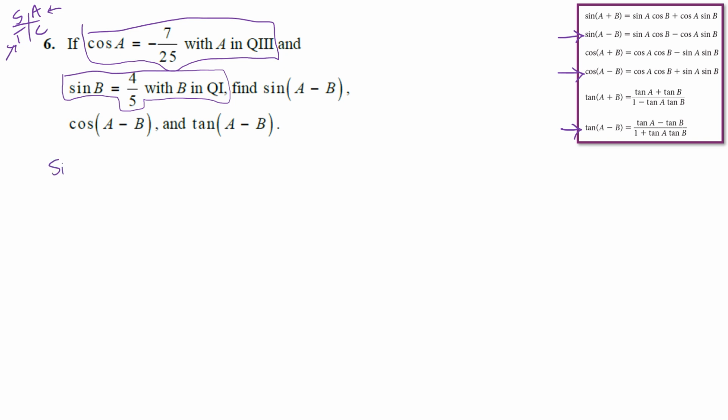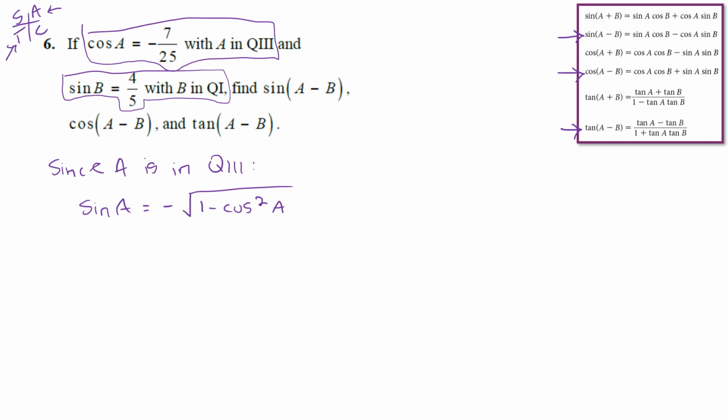All right, so first we'll find sine A. So since A is in quadrant 3, the sine A is going to be equal to negative square root of 1 minus cosine squared A. Remember, that's derived from the Pythagorean identity, where we have sine squared plus cosine squared equals 1.